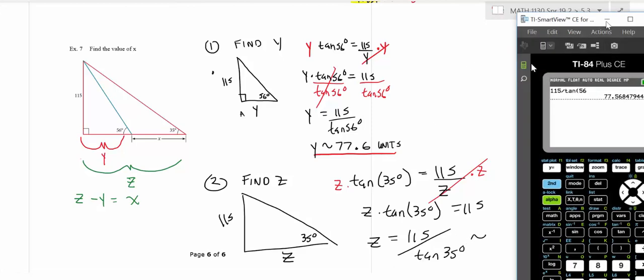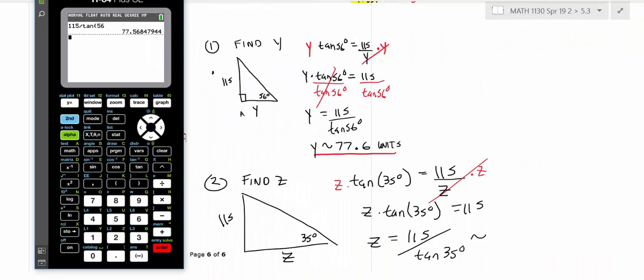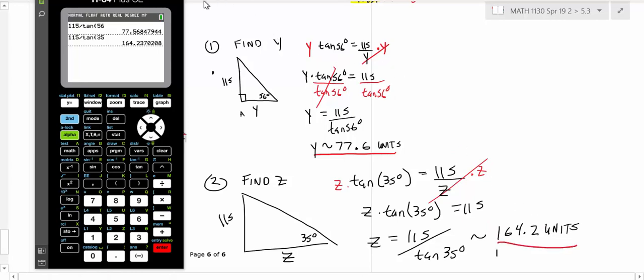Then we can put the whole problem together and get the answer. So 115 divided by tangent 35 is about 164.2 units. And we're ready to put this all together and get the answer to the problem.